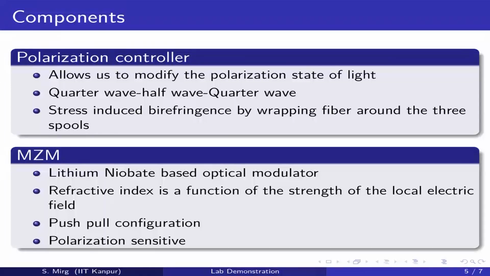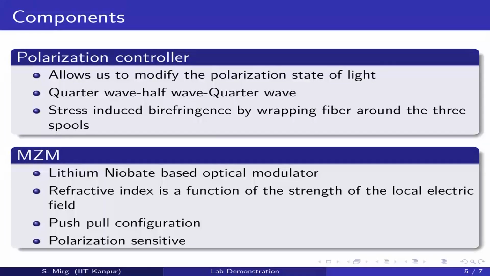Then the next component is a Mach-Zehnder modulator. The one that would be present in the lab is a lithium niobate based optical modulator. The refractive index of lithium niobate crystals is a function of the strength of the local electric field, and we have these crystals in a Mach-Zehnder modulator configuration.